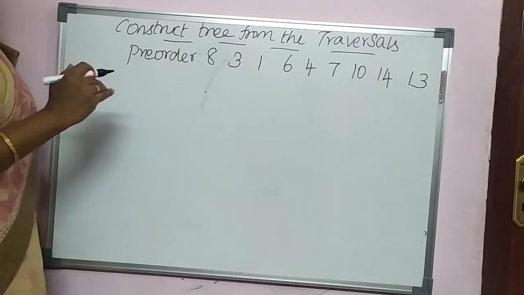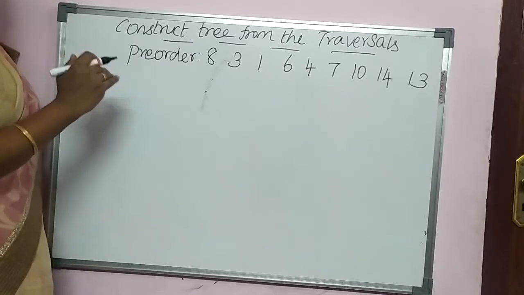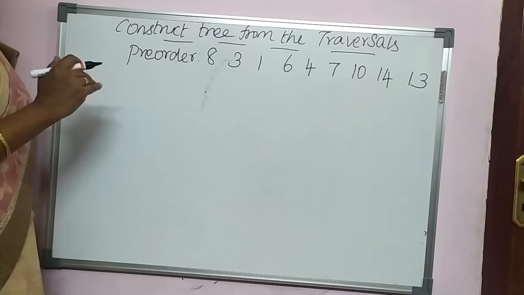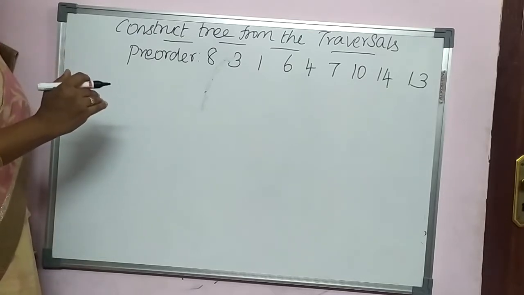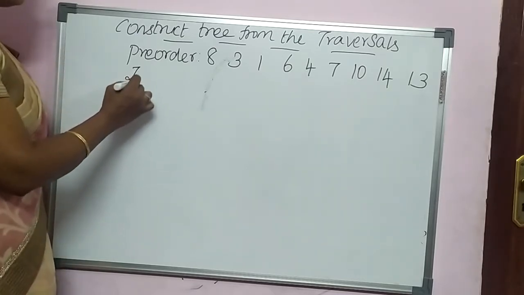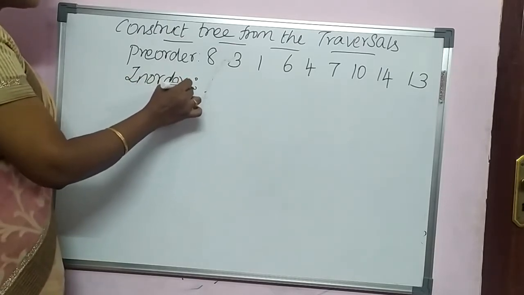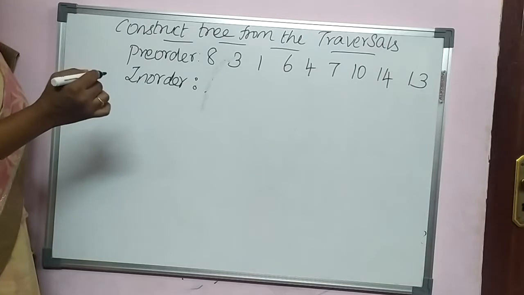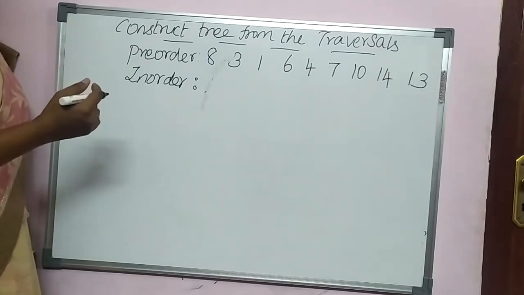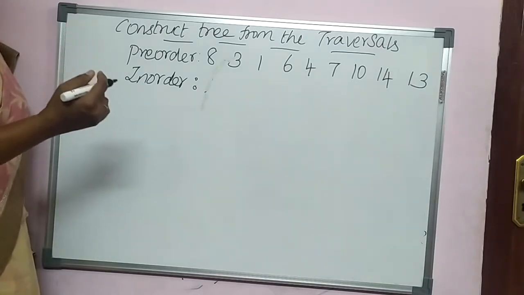So whatever the values given with either pre-order or post-order, if we are supposed to construct the tree, you can directly write the in-order from the given set of values. And if the question is asked only with pre-order or post-order, it means we are going to construct a binary search tree.